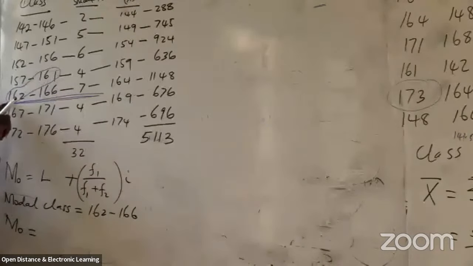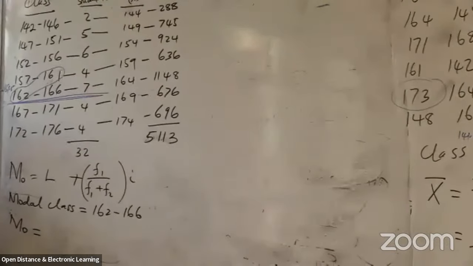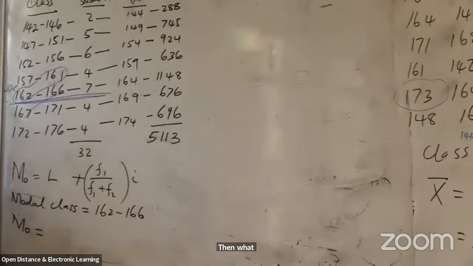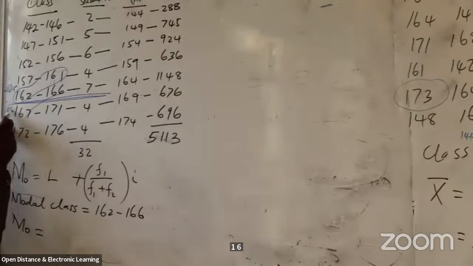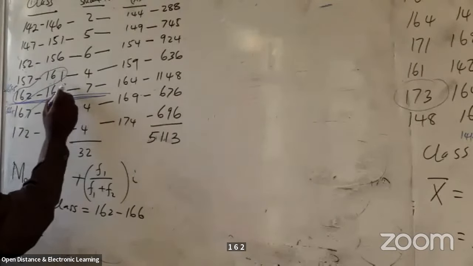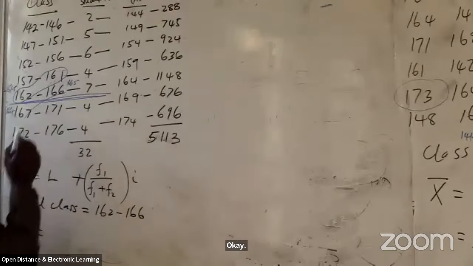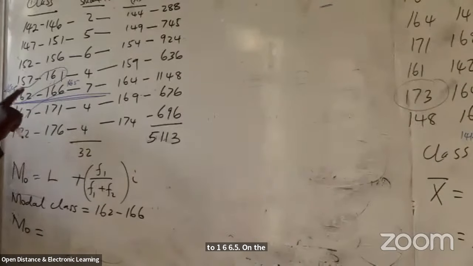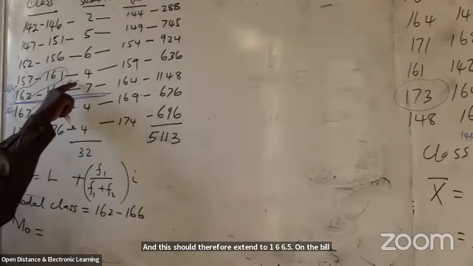Between 161 and 162, that should give us 161.5. Then for the next, 166 and 167, this should be 166.5. And therefore, the lower class boundary is 161.5, and the upper class boundary is 166.5.